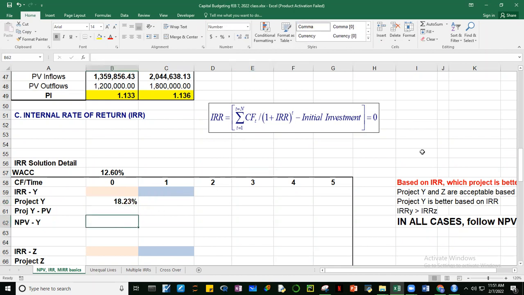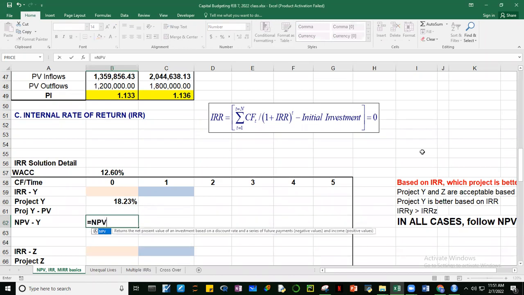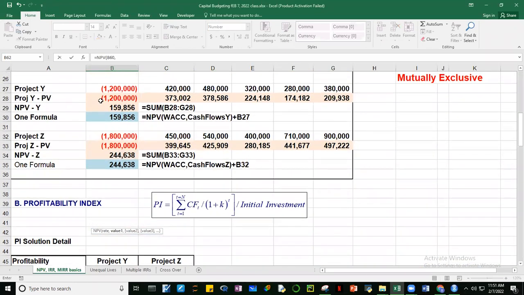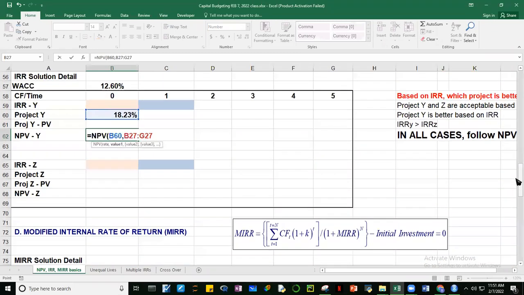And then we can ask ourselves, what is the NPV? How much is the net present value if your rate of return is equal to IRR? Okay. So we will use the IRR as our rate of return. Okay. All right.